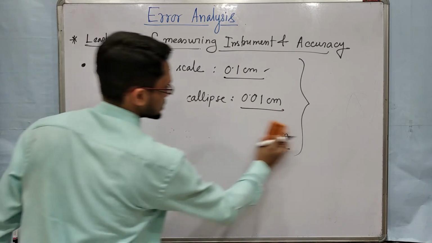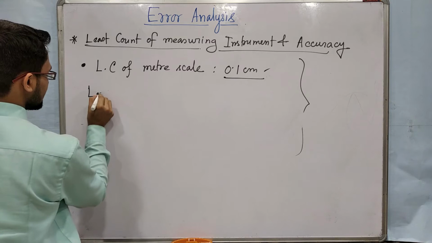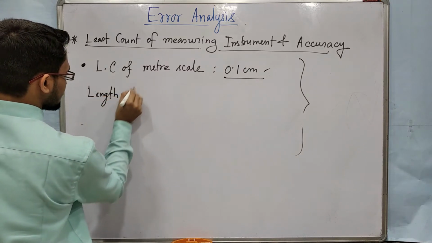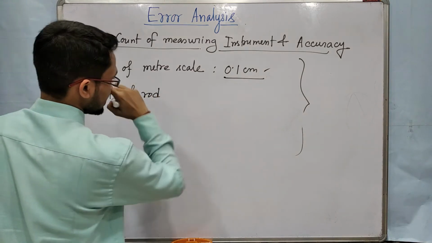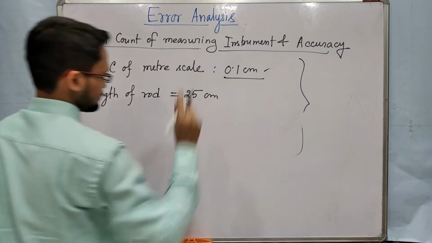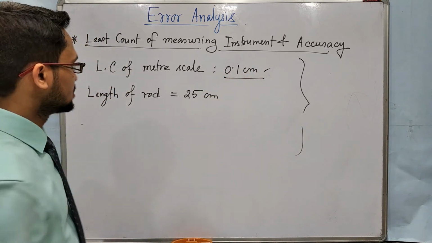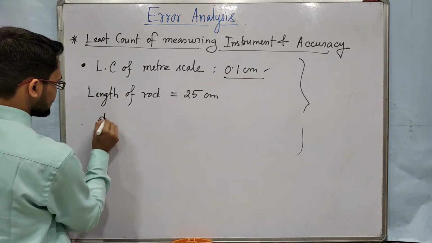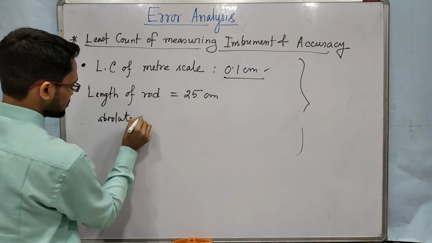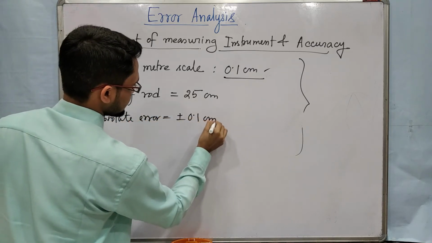So I am erasing these two parts. So suppose the length of rod measured by this meter scale equals 25 centimeter, and the least count you know that is 0.1 centimeter. So the absolute error will be plus minus 0.1 centimeter.